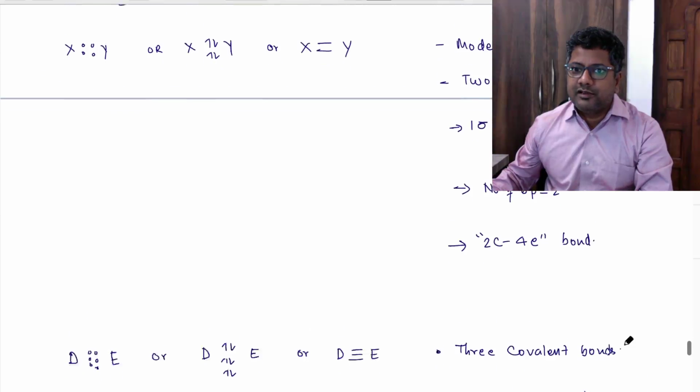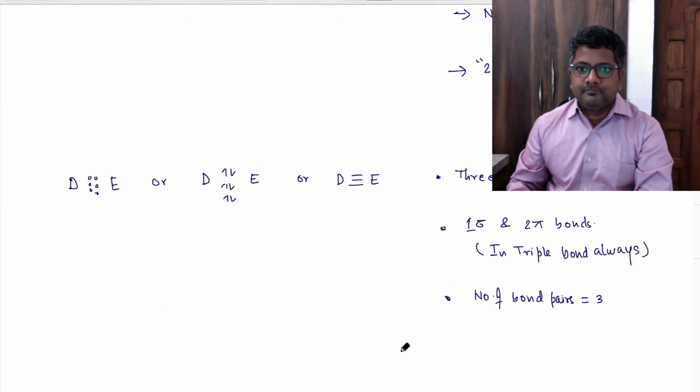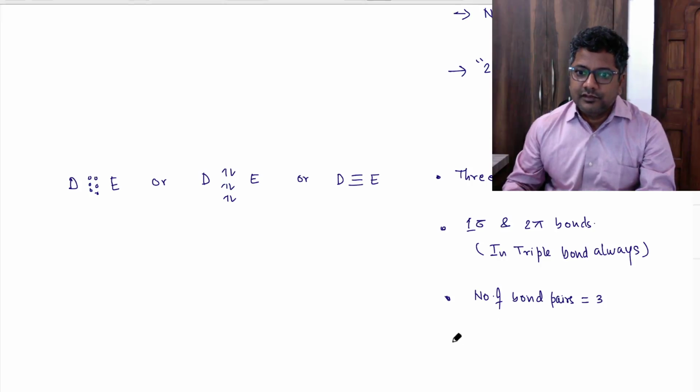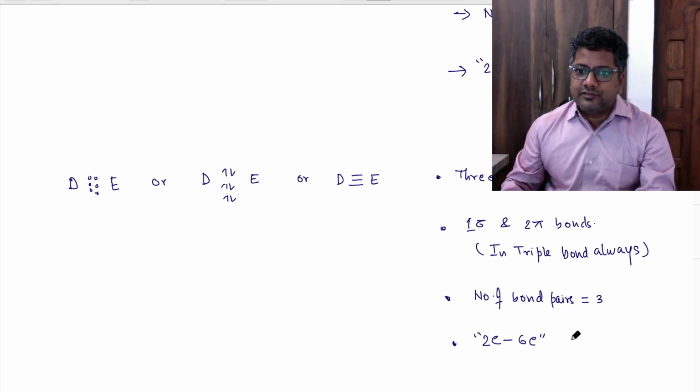Number of bond pairs is equal to 3, and it is called 2C6E bond. Two centers are bonded by 2, 4, 6 electrons.